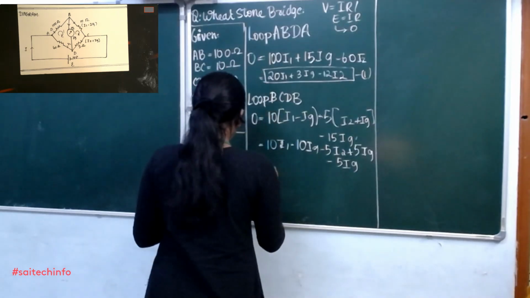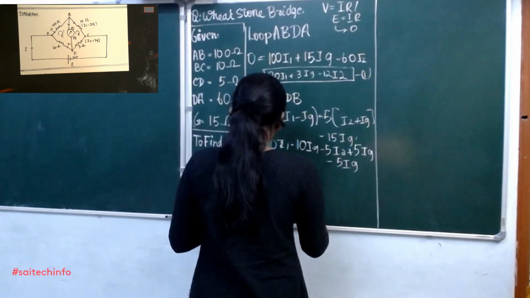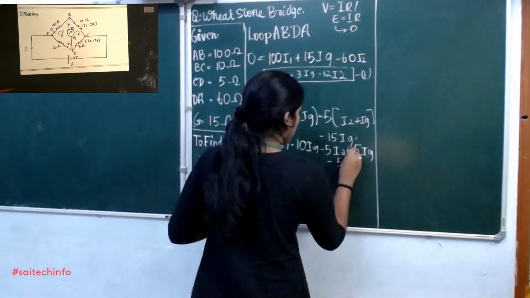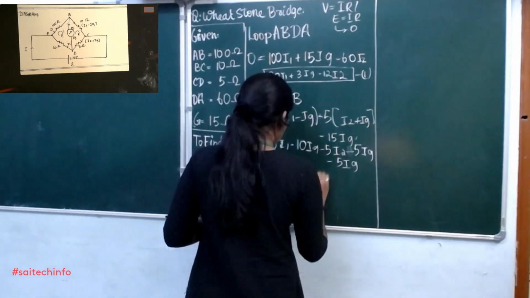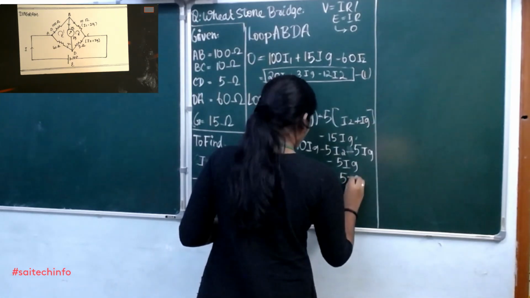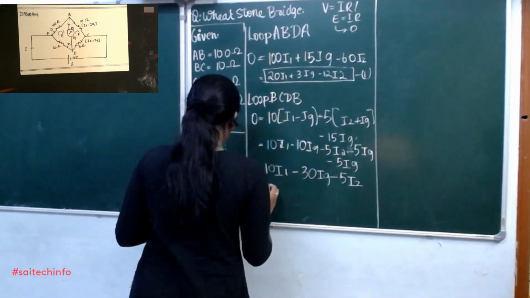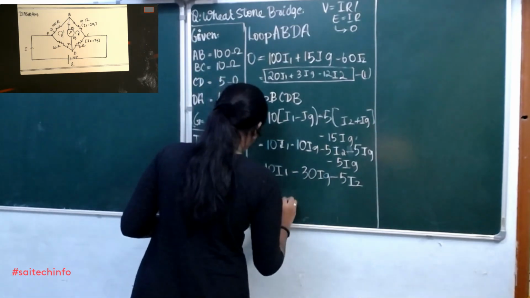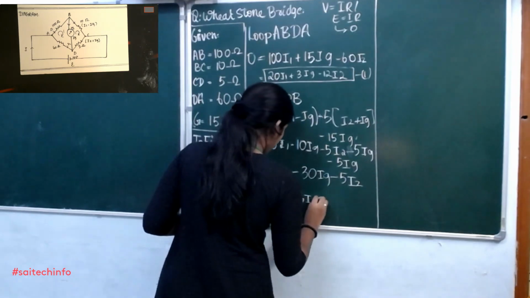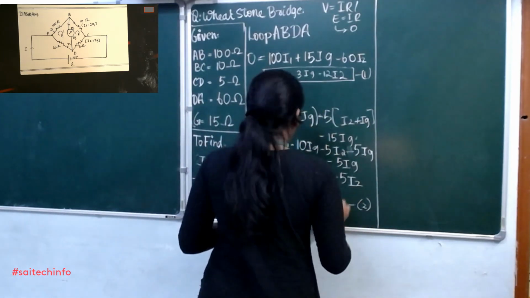So we will be getting 10 I1 minus 30 IG minus 5 I2. This can be further simplified into 2 I1 minus 6 IG minus I2. This is the second equation.